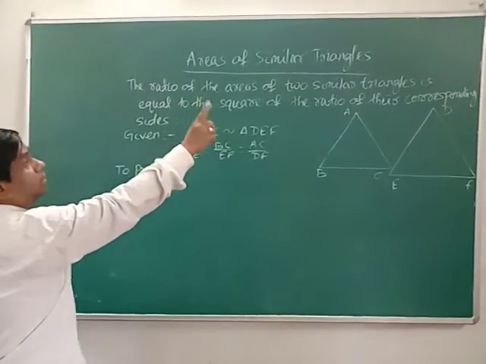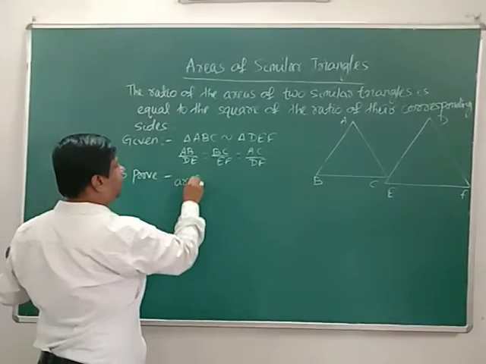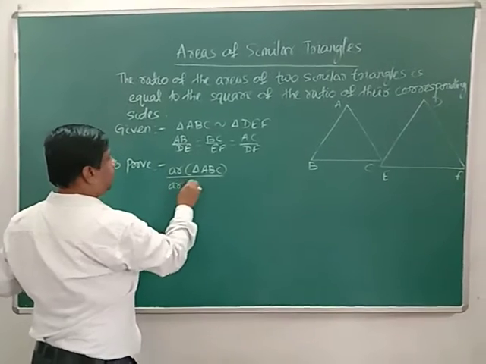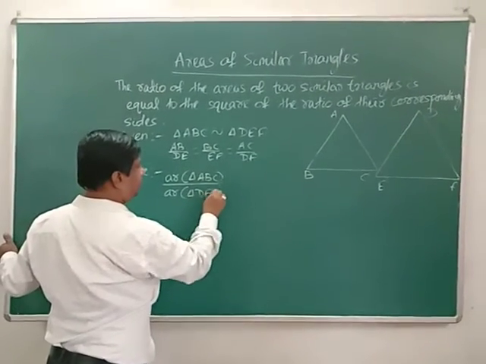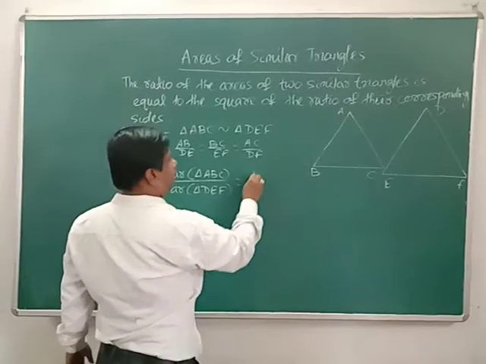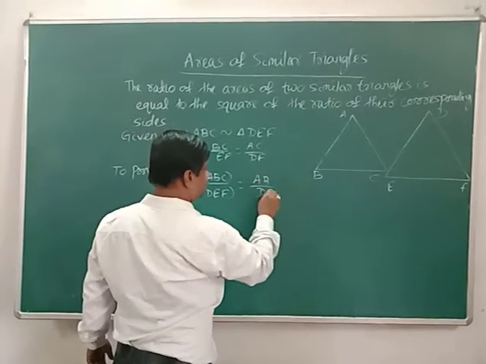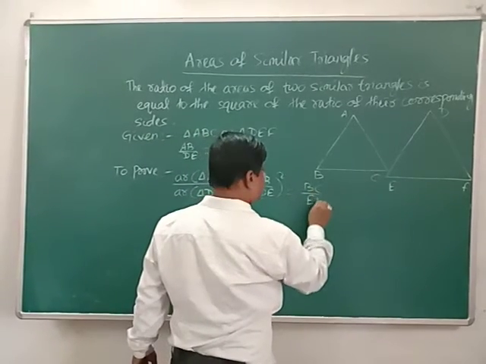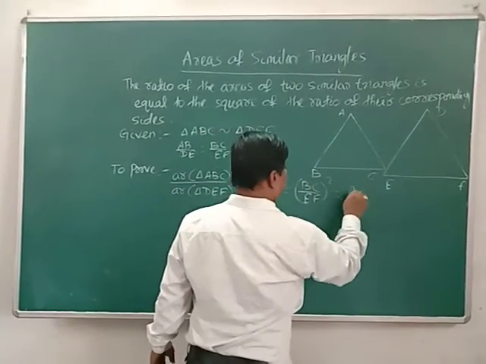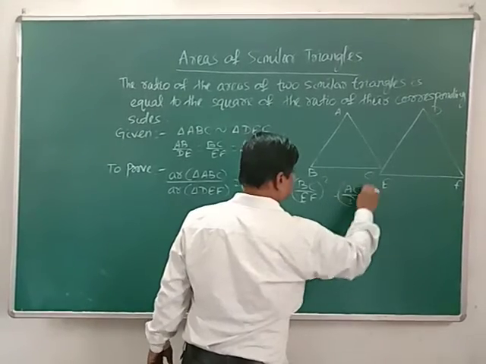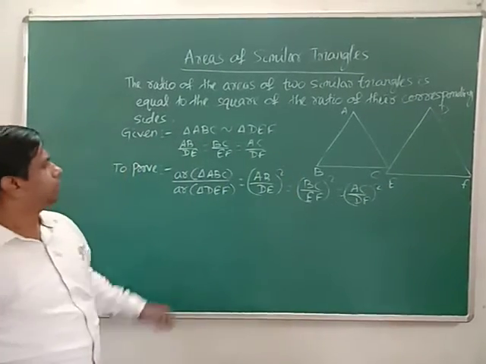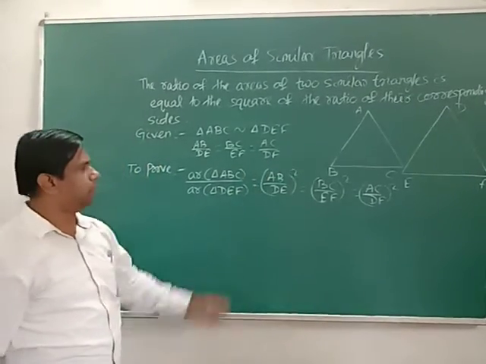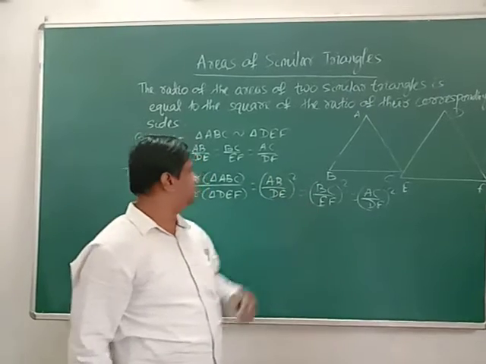The ratio of the areas of two similar triangles, that means area of triangle ABC upon area of triangle DEF is equal to (AB by DE) whole square, is equal to (BC by EF) whole square, is equal to (AC by DF) whole square. You have to prove only one of the squares of the ratio, not necessarily all three.